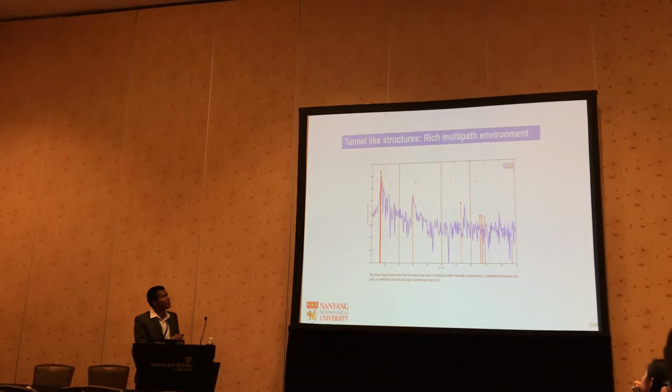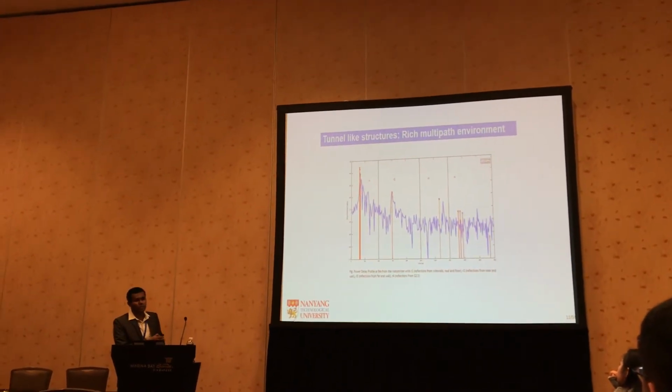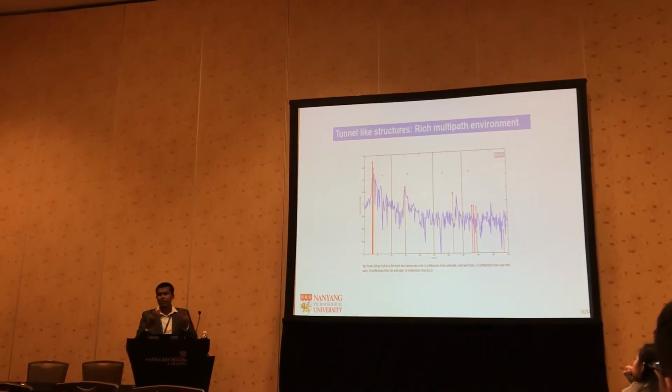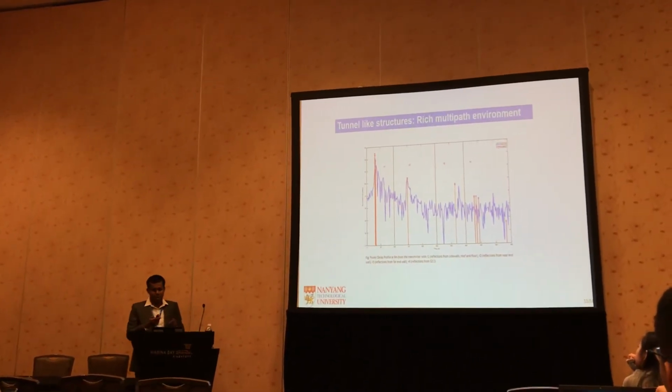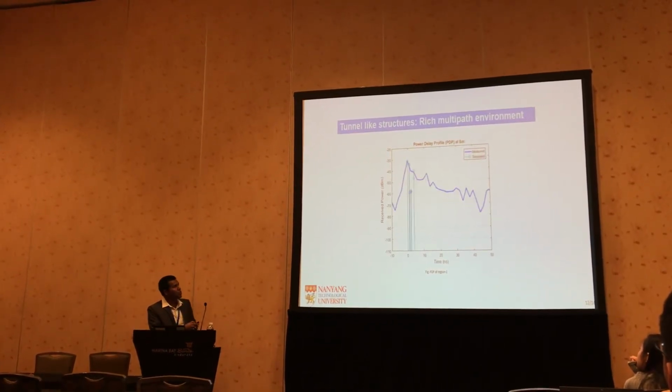So we cannot always rely on simulation tools, but it's important to do a measurement and know how many reflected signals are coming and how you can change the power delay profiles. And this is a closer look at region 1.